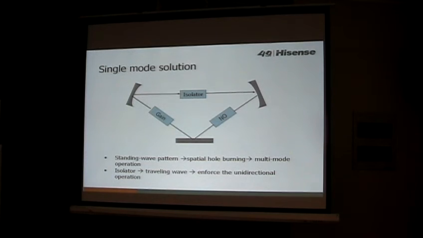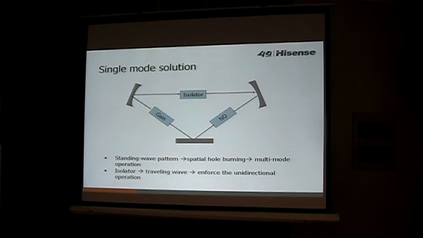But the problem with this for display applications is that once we get single-mode operation, the bandwidth of the output laser beam will be very narrow. This light beam will be very coherent.